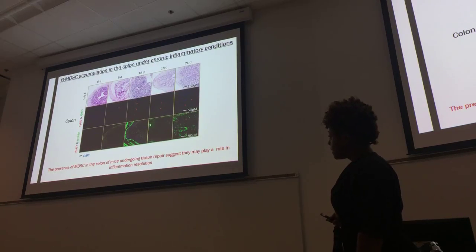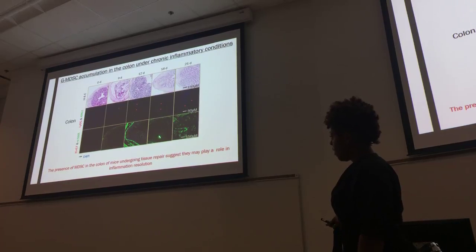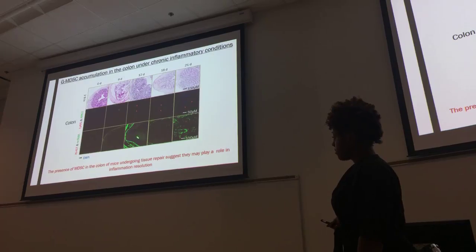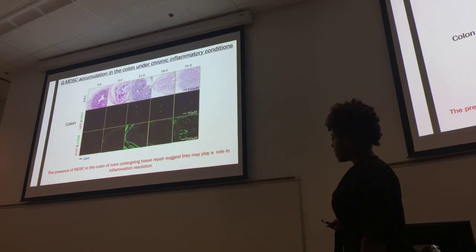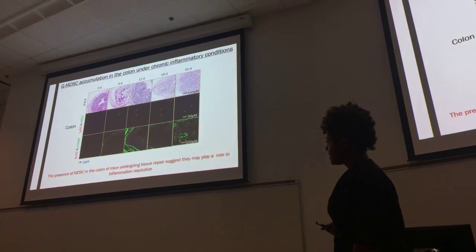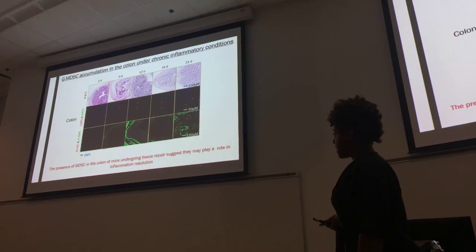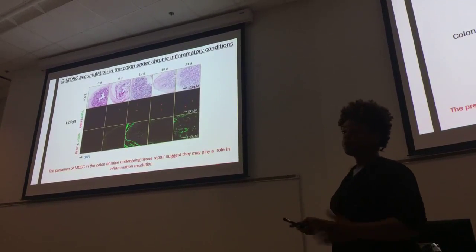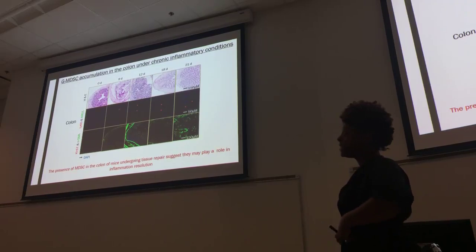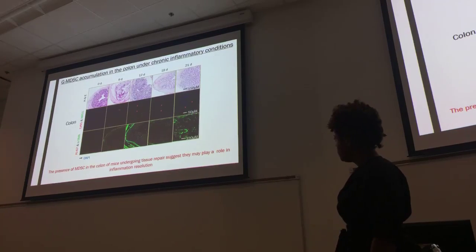That correlated not only with recovery morphology of the colon, but also with increased expression of cell proliferation and tissue repair markers, alpha-synuclein and Ki67, together suggesting that these cells, MDSC, may be playing a role in the resolution phase of inflammation, specifically tissue repair in the colon.